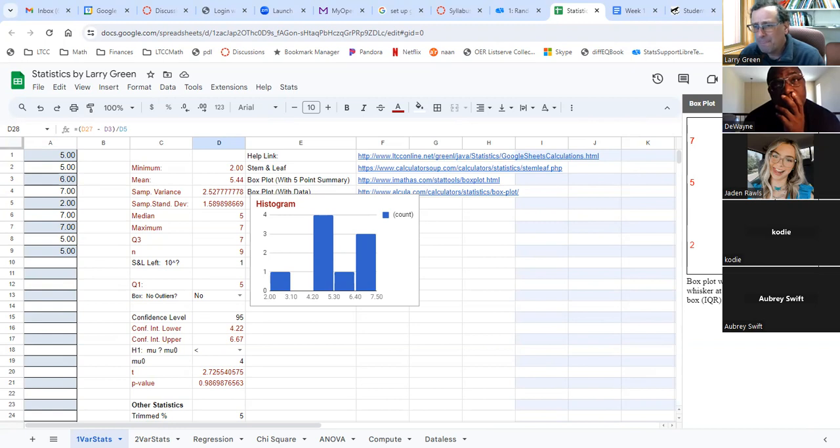So the maximum and the third quartile were the same number, 7. And also the median and the first quartile were the same number, 5. Okay, so this is a little weird example. I'll give you one where it might look a little better. And the minimum was 2. The box is that middle 50%.